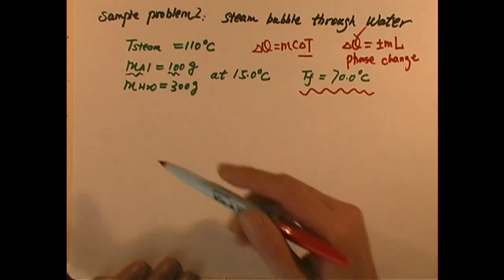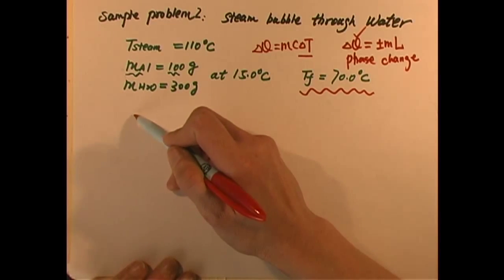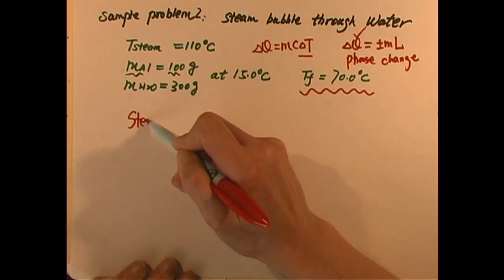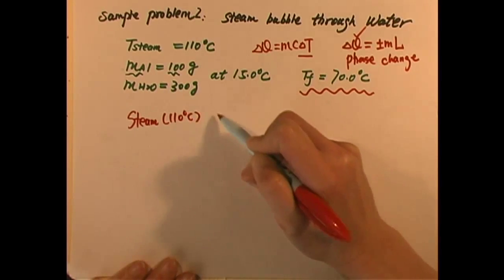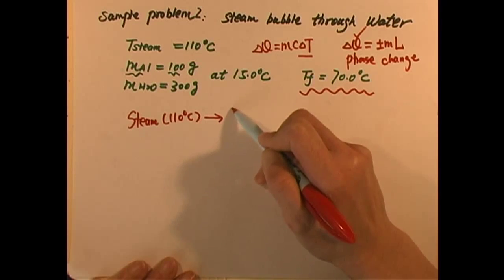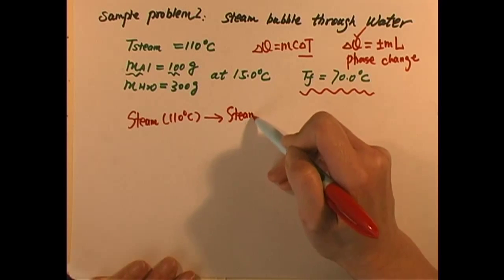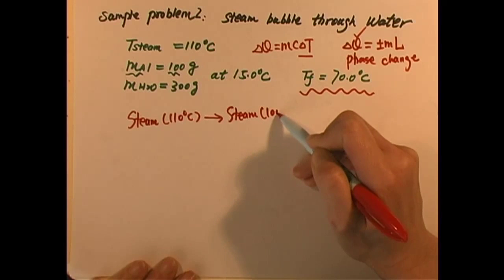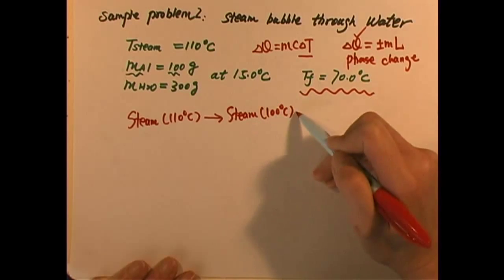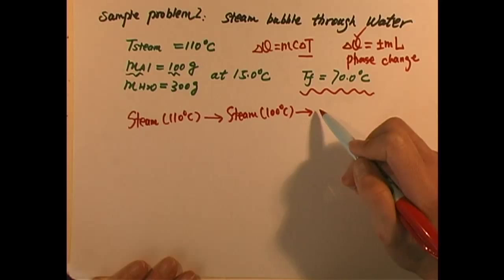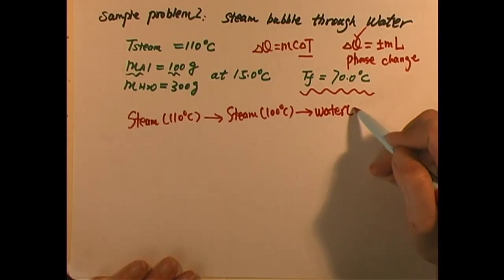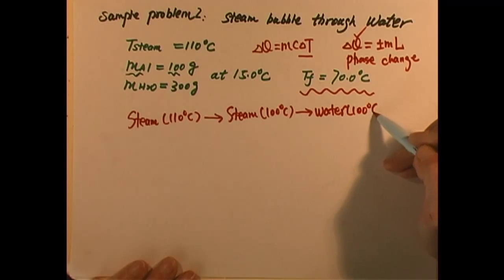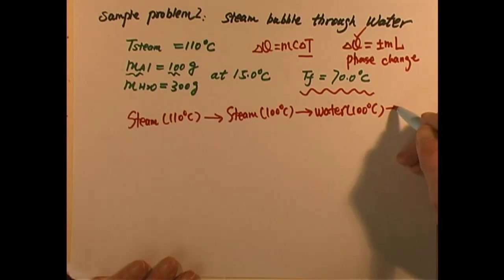In order to solve this one, we may need to do a flow diagram. We say steam starts at 110 degrees Celsius, and we let it go to steam at 100 degrees Celsius. Then we let the steam condense, so it becomes water. But this is the phase change, so the temperature is still 100 degrees Celsius, and then we let the temperature drop.